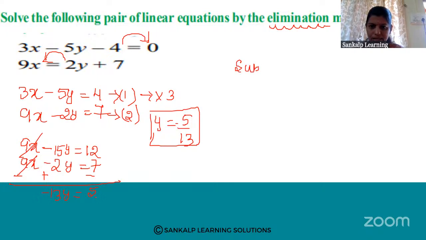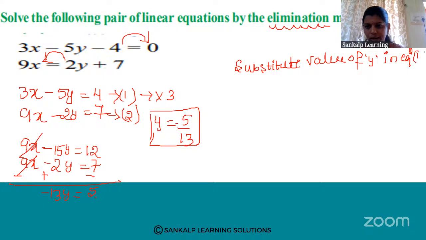Okay, substitute the value of y in equation 1. Okay, what is equation number 1? So 3x minus 5y is equal to 4. This is equation number 1.